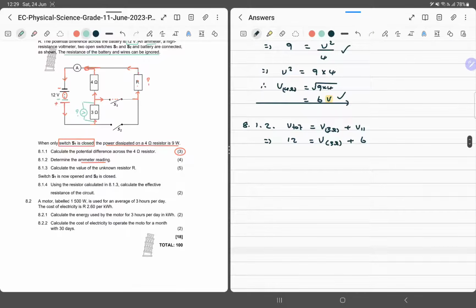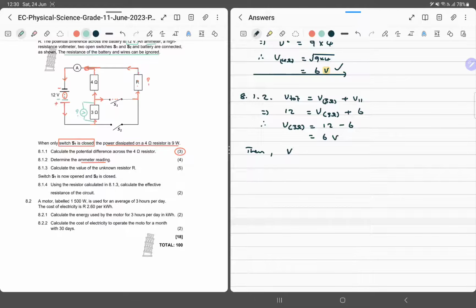So they share the same voltage but divide the current. Therefore, the voltage across the 3 ohm resistor is 12 minus 6, which is 6 volts.